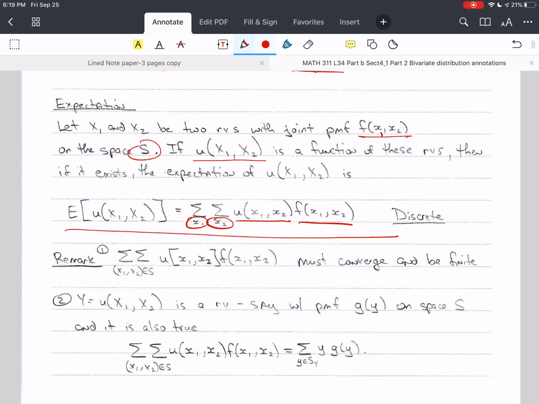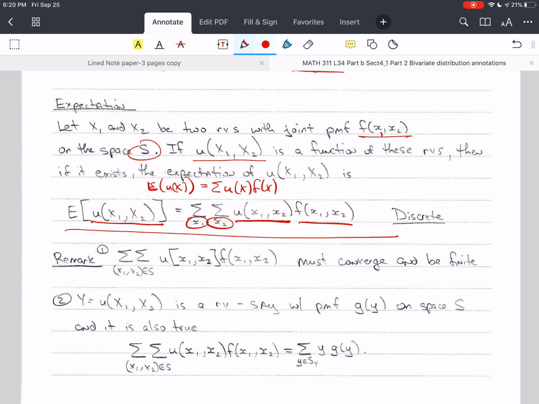Okay? So the regular definition of expectation, remember in the univariate case, was the sum of x times f of x. Now I had u, so the sum of u of x times f of x was the expectation of u of X. Now I have E of u of X1, X2.